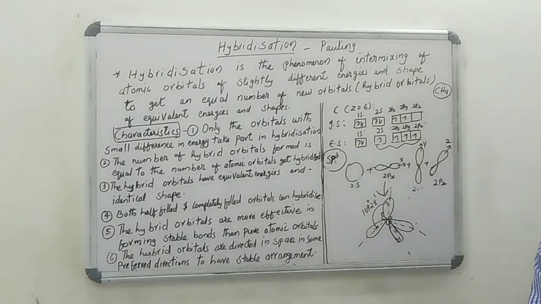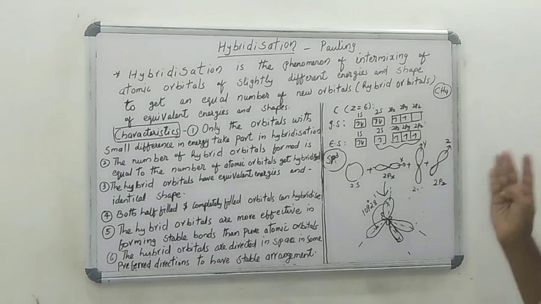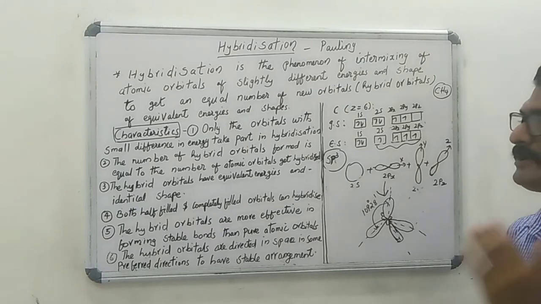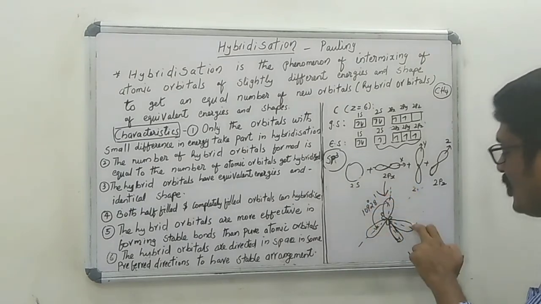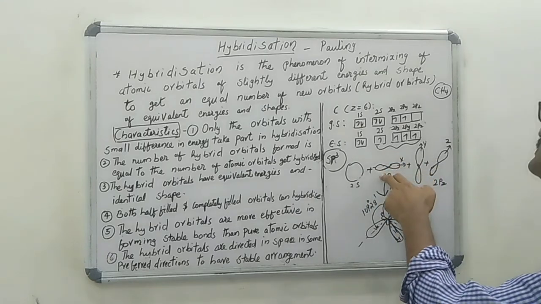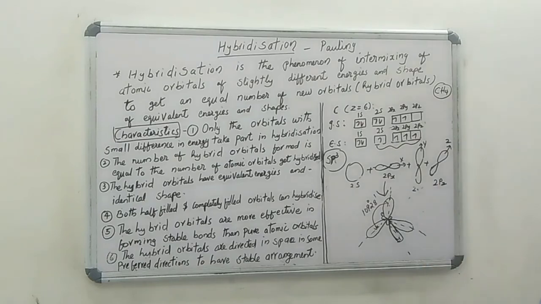After the intermixing, after the process of hybridization, it forms 4 sp3 hybrid orbitals. That means the number of hybrid orbitals formed is 4, and the number of atomic orbitals taking part in hybridization is also 4. That is the second point.